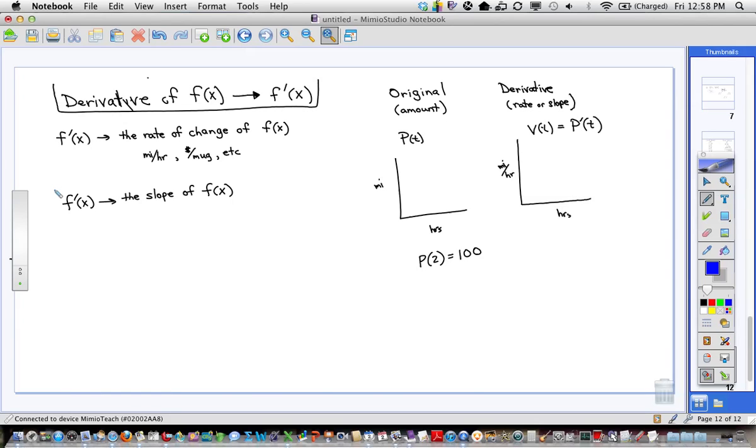Now, what if that 100 would have been negative? You're west of Bismarck, right? Position could be both positive and negative. So 100 would be east of Bismarck, negative 100 would be west of Bismarck. Does this alone tell you anything about what direction you're traveling? It just tells you where you are.